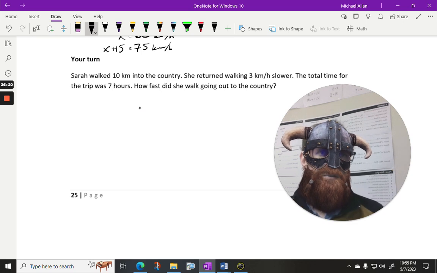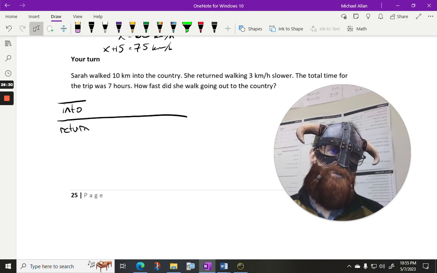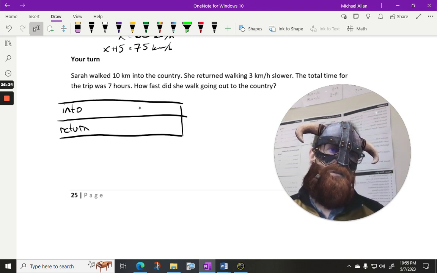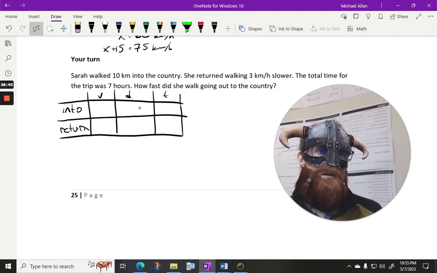So let's fill out our table. I'm going to call this "into," and I'm going to call this "return." So I draw the table. We have V, D, T. She walked 10 kilometers into the country, and then she walked back.